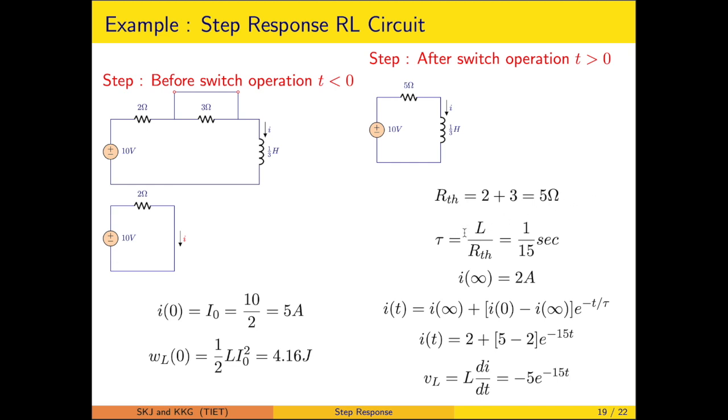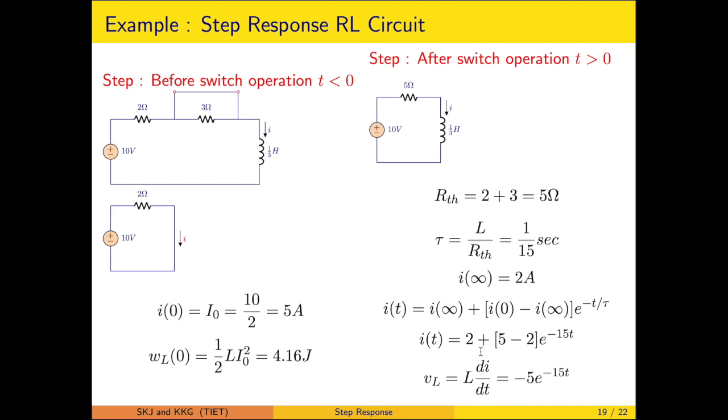Because of this, the time constant is calculated as L upon RTH, which is 1 upon 15 seconds, and the I infinity will be decided by this particular voltage and the Thevenin equivalent resistance, so that is 10 upon 5 equal to 2 ampere.